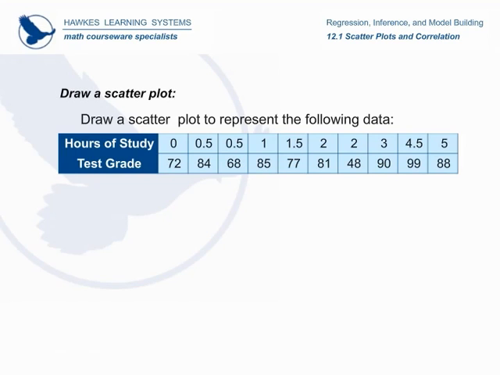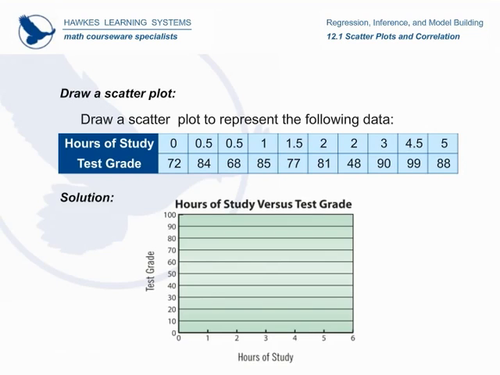Let's take a look at how we would draw a scatter plot. To draw a scatter plot, we take our collected data and we put it on a plot. Here we have an example of hours of study, from 0 hours to 5 hours, and then the grade received, or test grade, based on those hours of study, from 72 to 88.